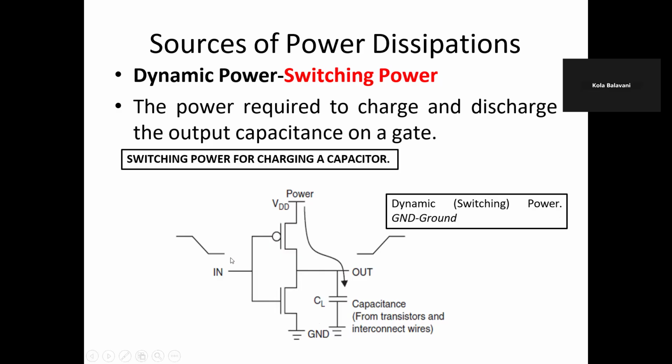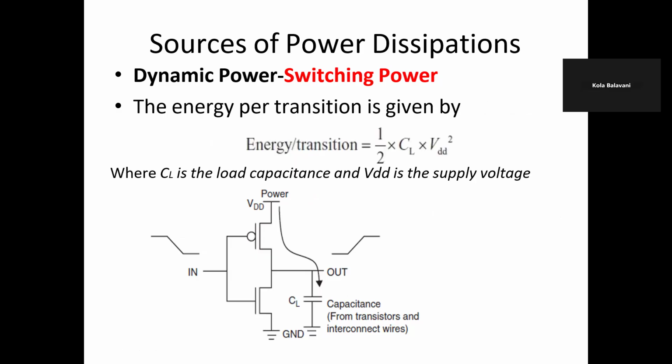While the input is logic 0, the capacitor is in the charging state. While the input is logic 1, the capacitor is in the discharging state. So the power is dissipated while the capacitor is switching from charging to discharging and discharging to charging. The energy required for a transition is given by half CL VDD square.